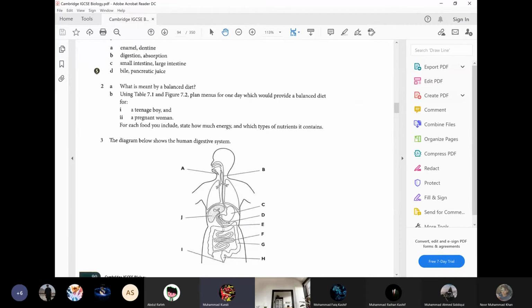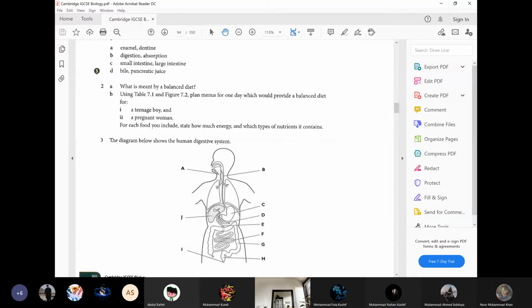Then small intestine and large intestine. The small intestine is where digestion and absorption of food takes place, while the large intestine is where reabsorption of water takes place from the undigested food.